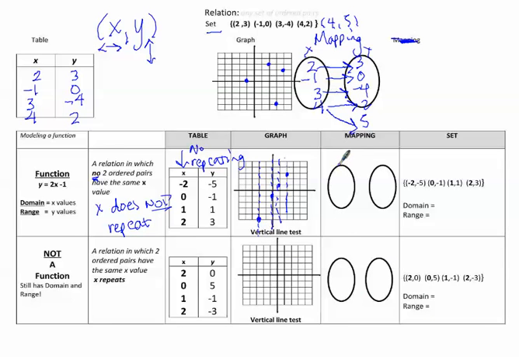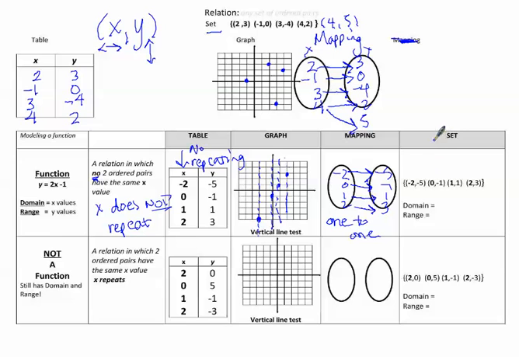So let's look at mapping. Each x value is only mapped to one y value. So 2 goes with -5, 0 to -1, 1 to 1, 2 to 3. This is called one-to-one.